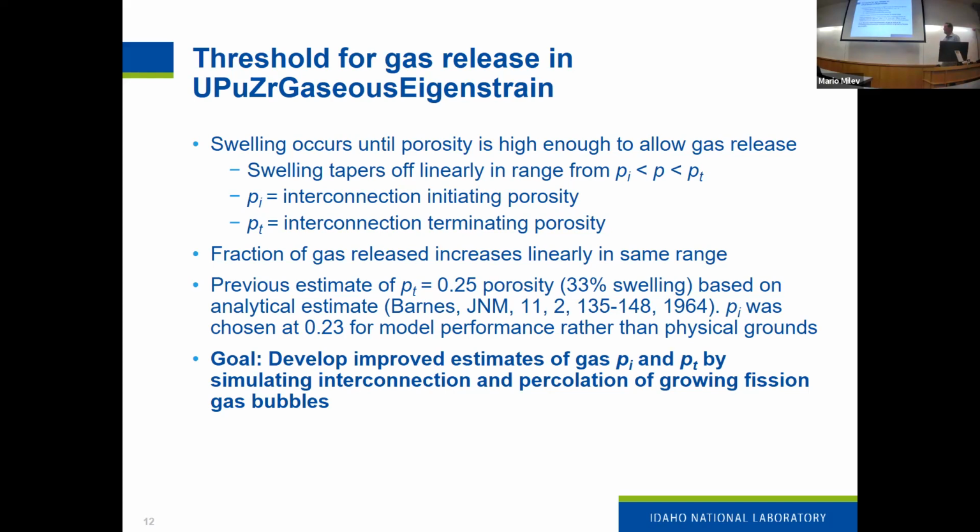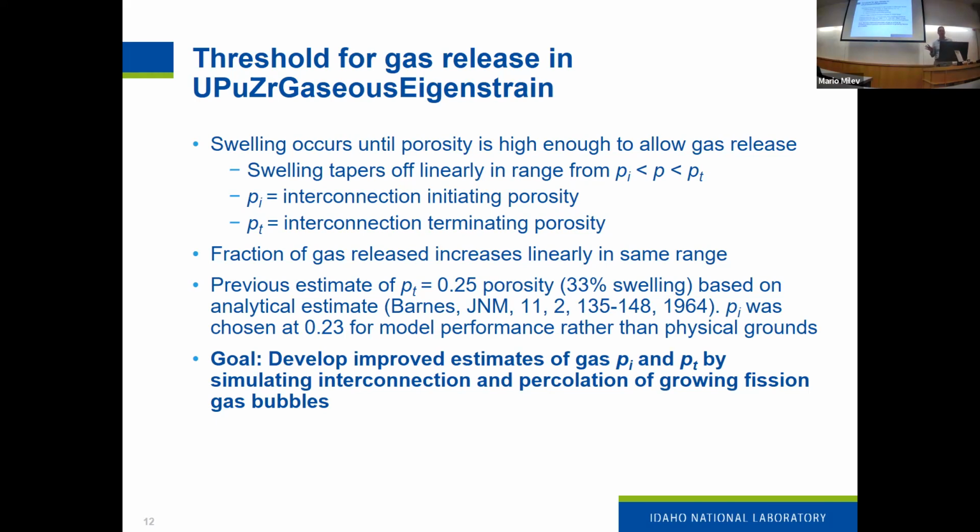The model assumes that this happens linearly in a regime from an initiating interconnection porosity to a terminating porosity. And as that swelling occurs, the model also assumes that the fraction of gas release tapers off in that same range.